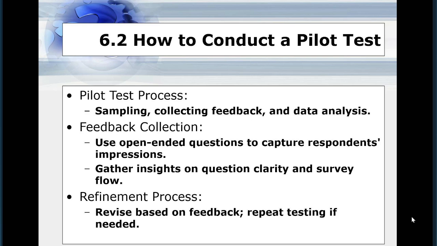After collecting responses, analyze data to identify patterns in feedback and make necessary revisions. If major changes are made, consider repeating the pilot test to confirm improvements, ensuring that the final questionnaire is as accurate and user-friendly as possible.